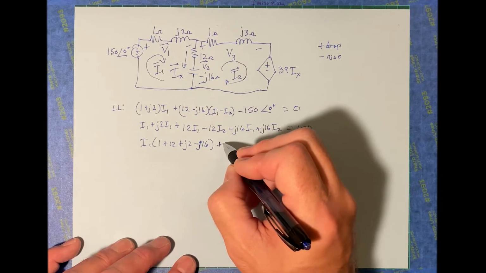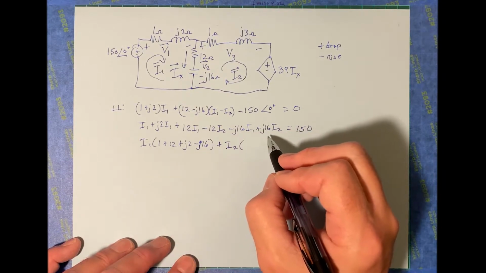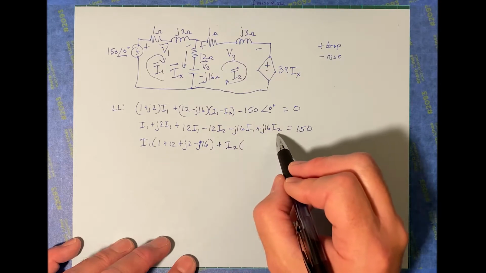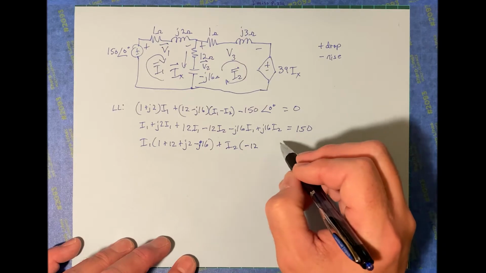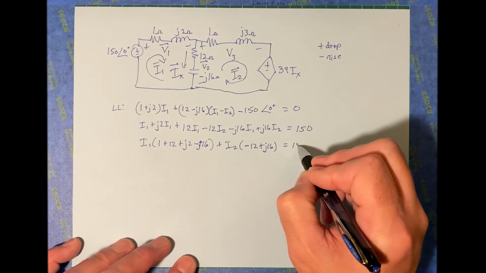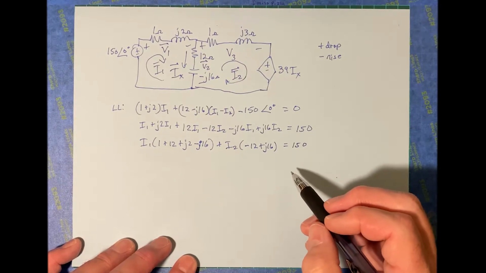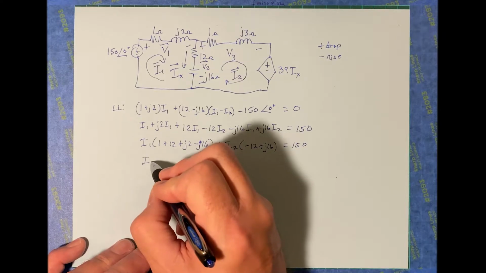All right, plus I2. Now I'm going to have just that term and that term, so I'm going to have a minus 12 plus J16, and that's equal to the 150.